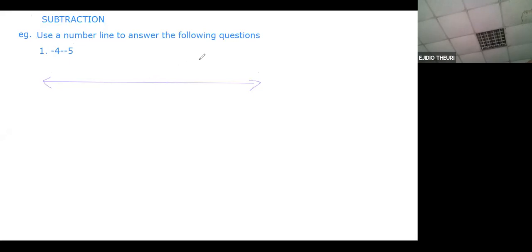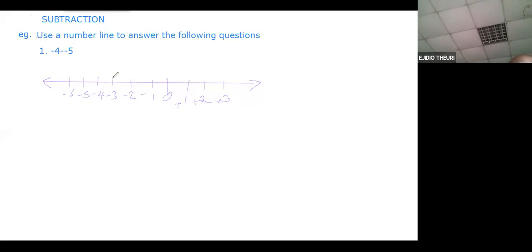So -4 minus -5, this is 0. 1, 2, 3, positive. 1, 2, 3, 4, 5, 6. Then -1, -2, -3, -4, -5, -6. So we are supposed to go to -4.